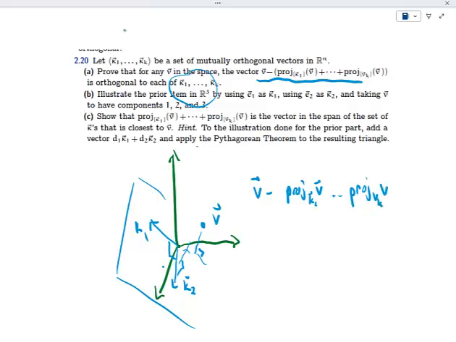And I want to take the dot product of this with kappa J. So what is that? That's equal to V dot kappa J.